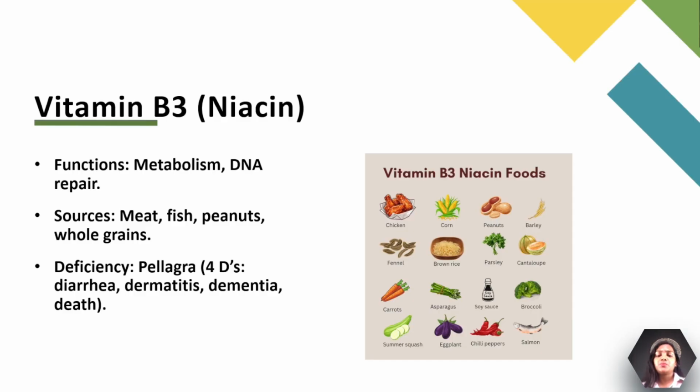Here you can see in this picture that vitamin B3 is present in many foods like chicken, corn, peanuts, barley, fennel, brown rice, parsley, cantaloupe, carrots, asparagus, soy sauce, broccoli, summer squash, eggplant, chili peppers and salmon. So there are multiple foods which are rich in vitamin B3.